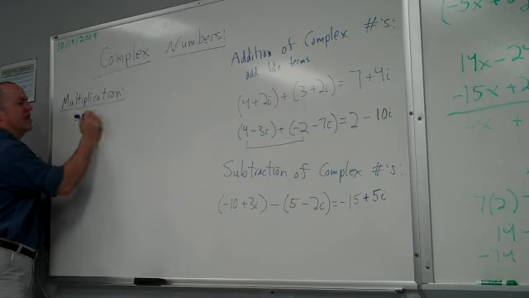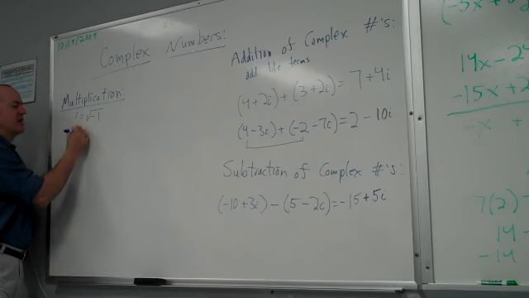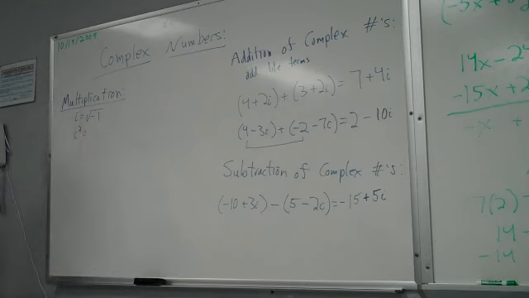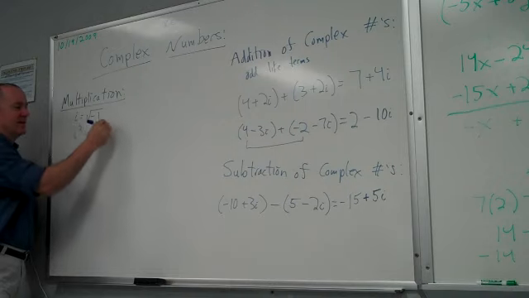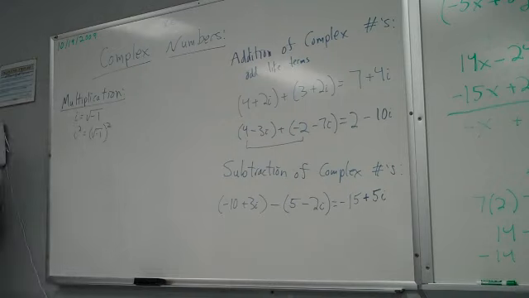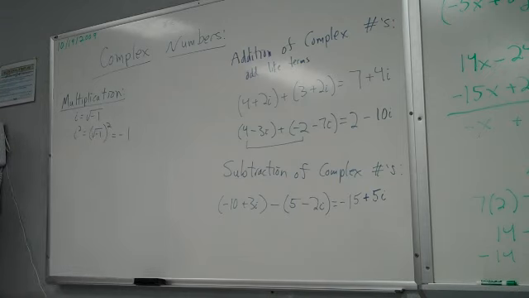I is the square root of negative 1, right? Yeah. What is I squared? Negative 1. Isn't it just negative 1? Well, it's a square root of negative 1 squared, and when you square a square root, they cancel. So I squared is negative 1.